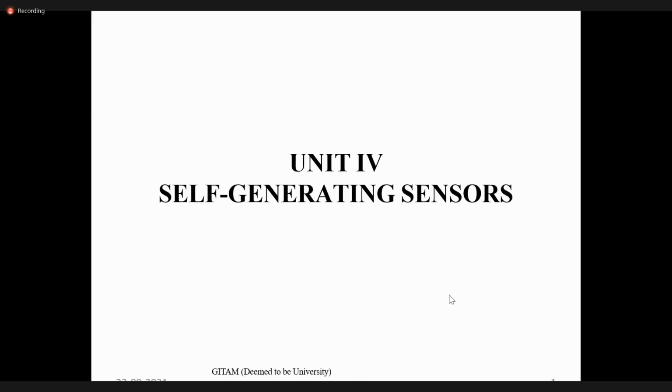The title of the fourth module is self-generating sensors.